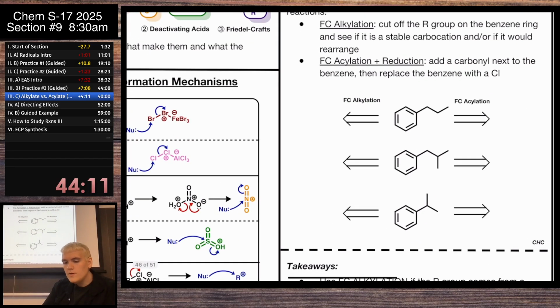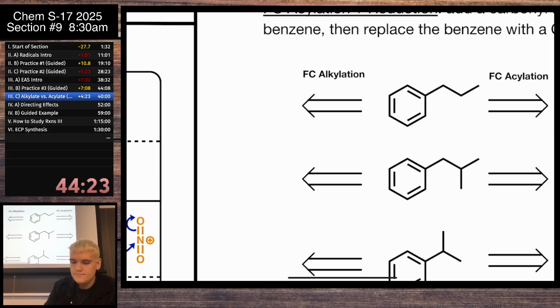So first off, let's just think back to if we alkylate or acylate, what are our reagents going to be? What are our intermediates going to be here? So for this one, if we were doing Friedel-Crafts alkylation and we wanted to do a carbocation, we would have this carbocation. Is that ever going to happen?